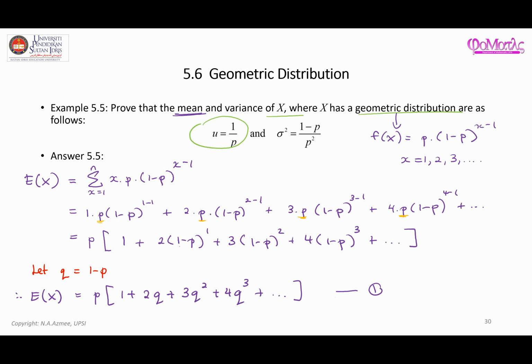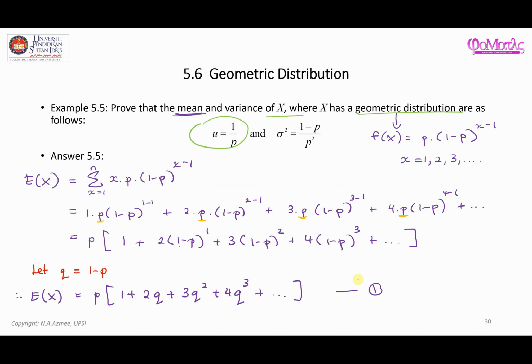Okay, so that's the first phase of trying to prove the mean is given as 1 over p. Now we're going to move on to the second phase. In this second phase, we're going to have to do a little bit of manipulation. What I'm going to do is multiply this whole equation by 1 minus p.